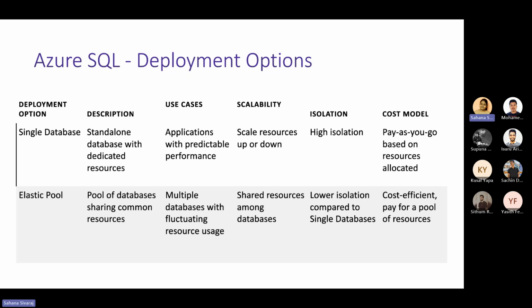For the scalability option, since it uses shared resources, these are divided among the databases allocated in the elastic pool. In isolation level, it has lower isolation compared to single databases. For the cost model, we pay for the pool of resources.